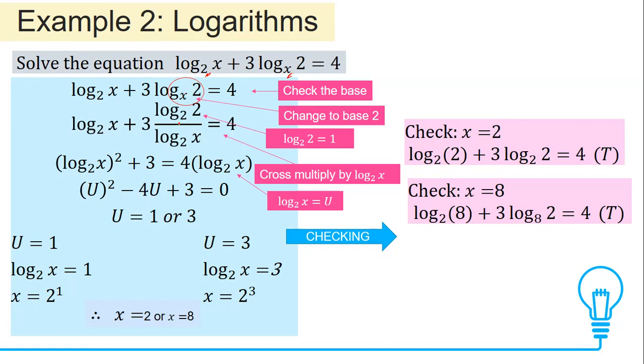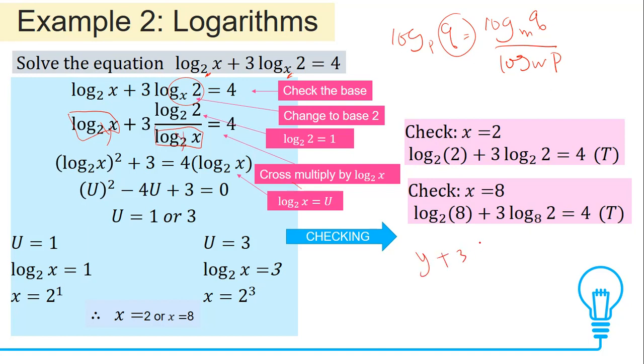When we want to change log base p of m, we change to the common base: log of m, base q, over log of p, base q. Now just assume this is y, so you have y plus 3 over y equals 4.